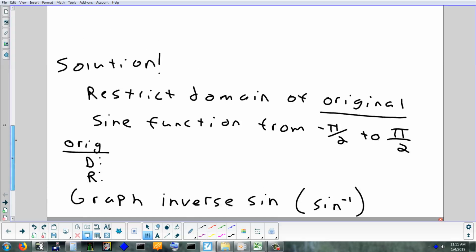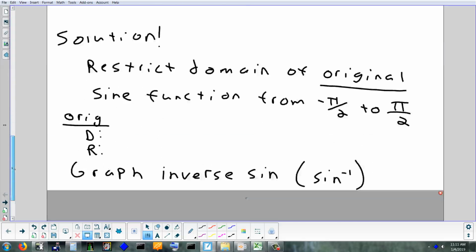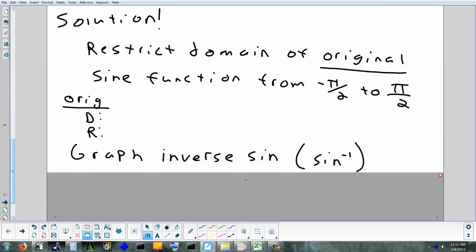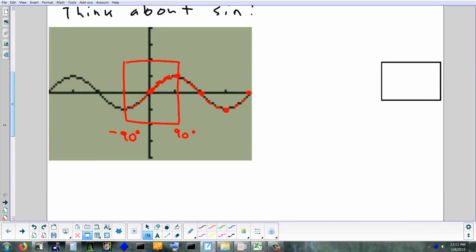The domain is the left and the right edge of the box, from negative 90 to positive 90. So the domain goes from negative pi over 2 to positive pi over 2, and it does include those endpoints, so you can use greater than or equal to and less than or equal to.